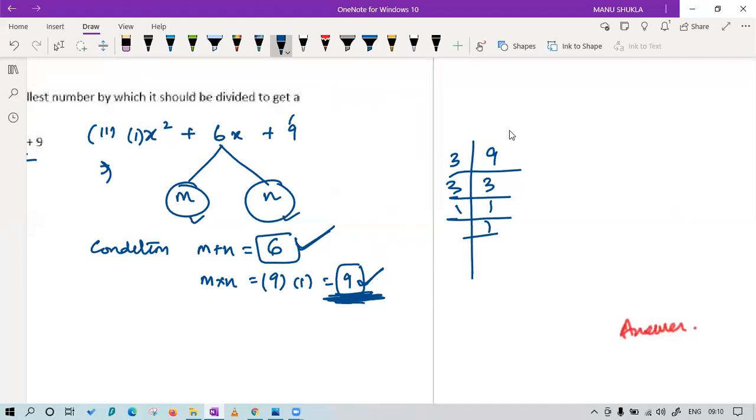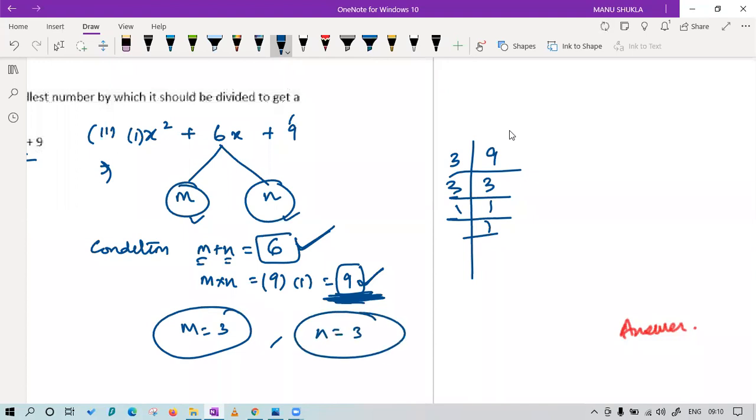They both are positive, they both are negative, or one positive, one negative? Please tell. They both are positive. Okay. Now, Prisha, tell me what can be the value of M and N? It is very simple. M is 3 and N is 3 because you can check 3 plus 3 is 6 and 3 into 3 is 9.